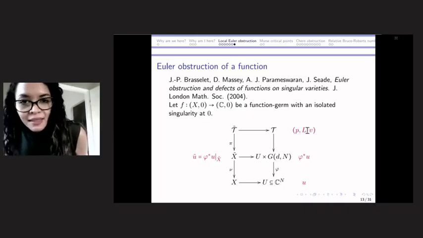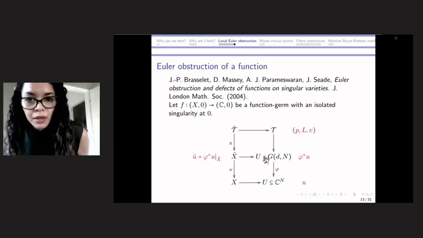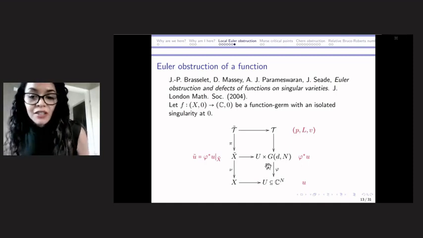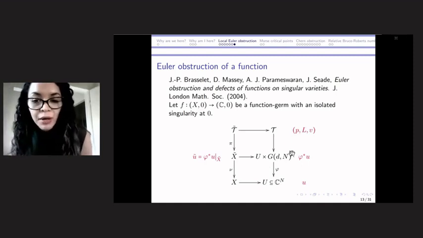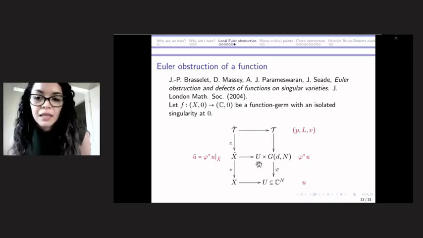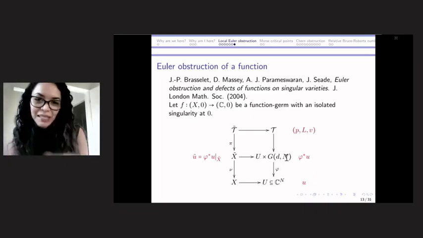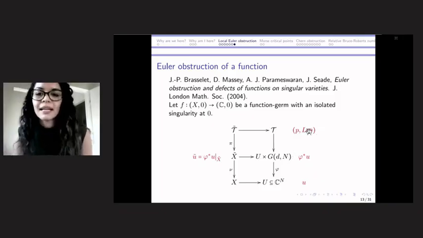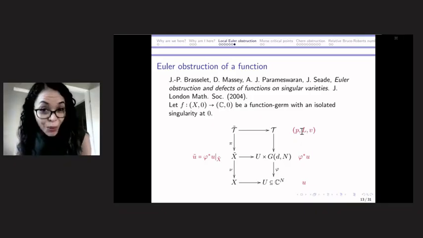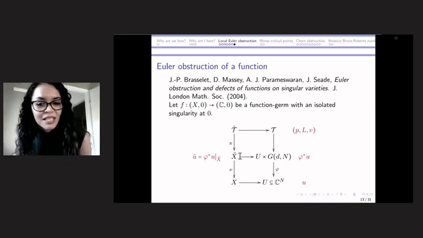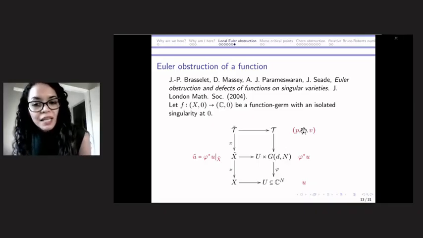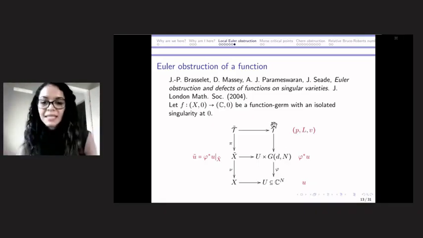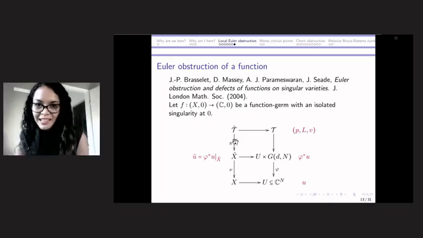But we extended the tautological bundle to the Cartesian product, so we actually have triples. In the first coordinate, we have a point of U. In the second, the d-plane in the Grassmannian, and a vector in that d-plane. Since the Nash modification is included in here, we can restrict this bundle to the Nash modification and still have a bundle, right?